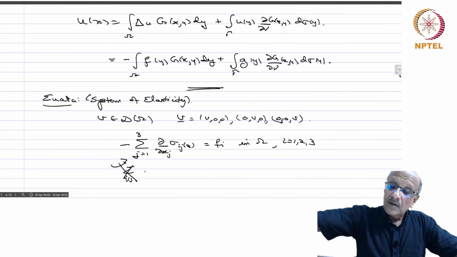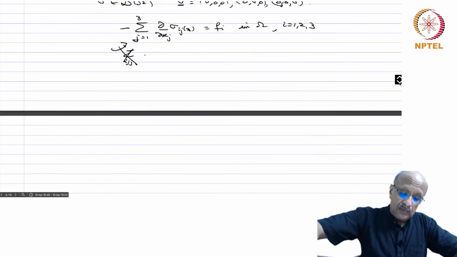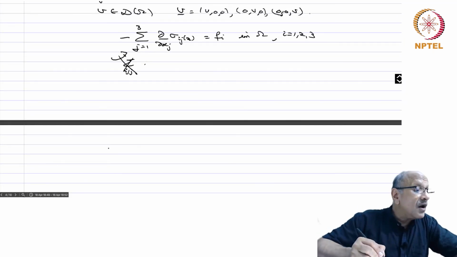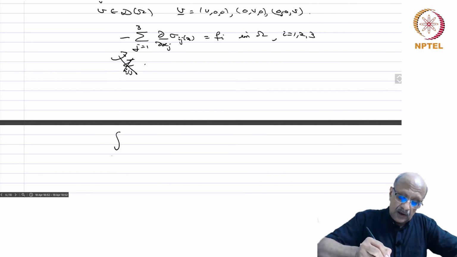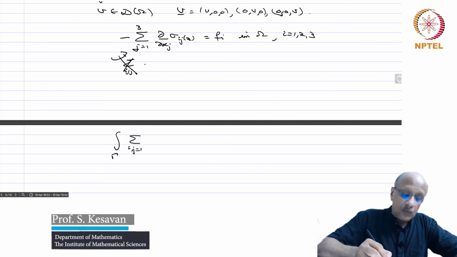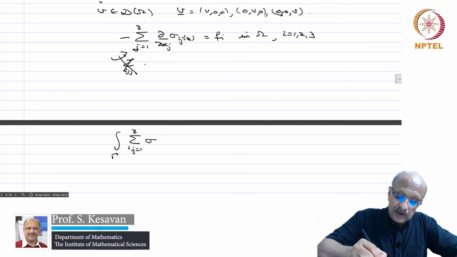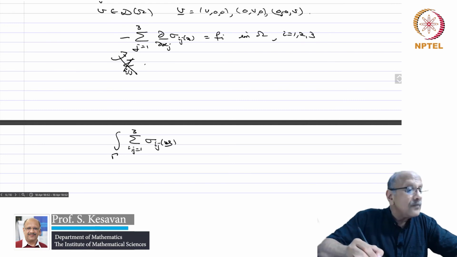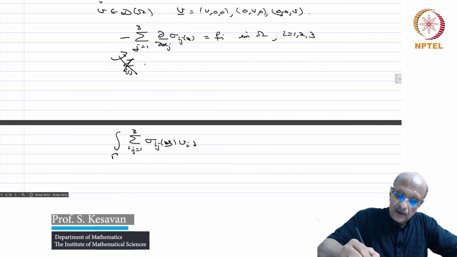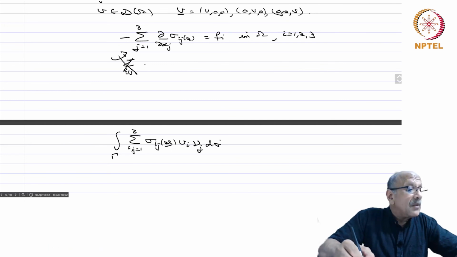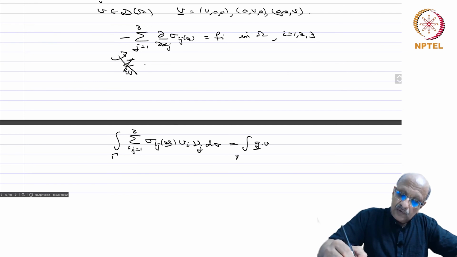And then similarly, another sigma was missing, that was the integral on Gamma of the sum over i,j equals 1 to 3 of sigma_ij(u) v_i nu_j d sigma equals the integral of g dot v over Gamma d sigma, okay, for every v.